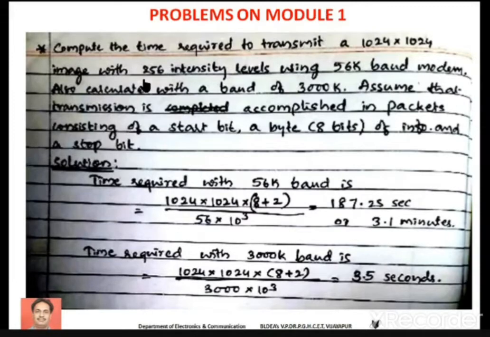So the numerator is going to remain the same. In the denominator, the speed of the modem is given as 3000 K, that is 3000 into 10 to the power 3. So if we compute this, we are going to get the answer as 3.5 seconds.